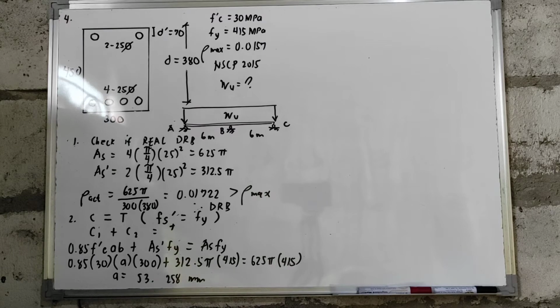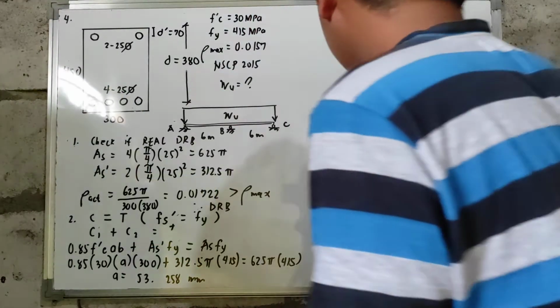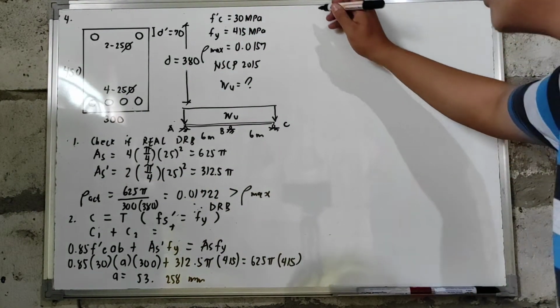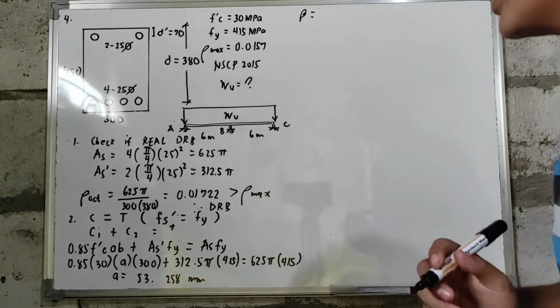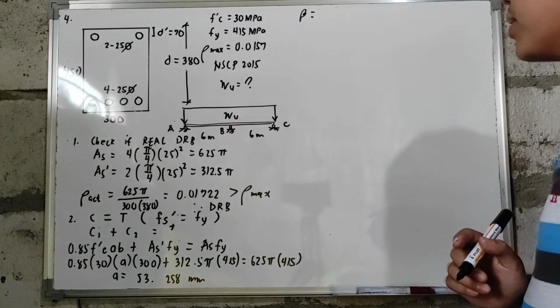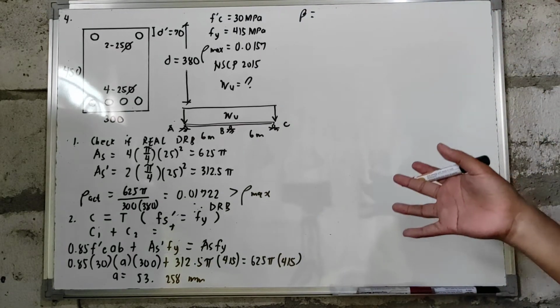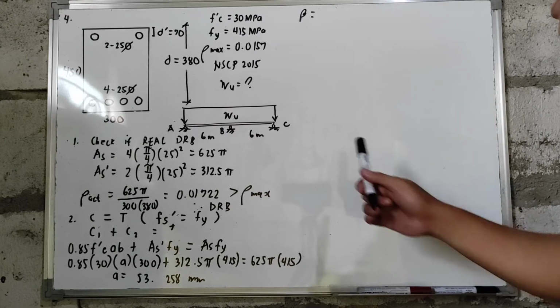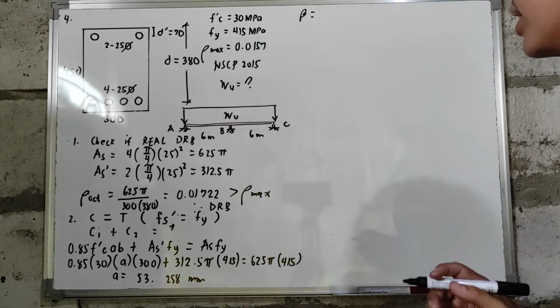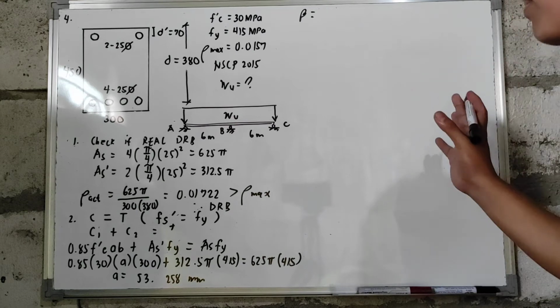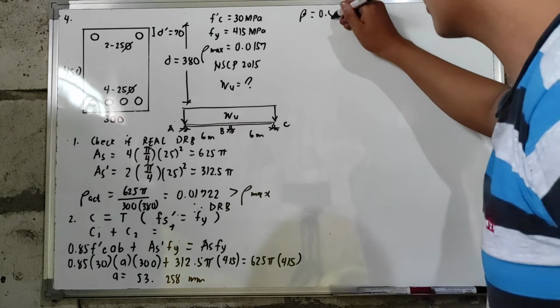So para ma-compute natin yung value ng c natin, we need the value of your beta. Since NSCP 2015 yung ginagamit natin, yung limiting value natin for that is 28 megapascal. Since yung actual compressive strength natin is greater than to the limiting value, we're going to use this formula.